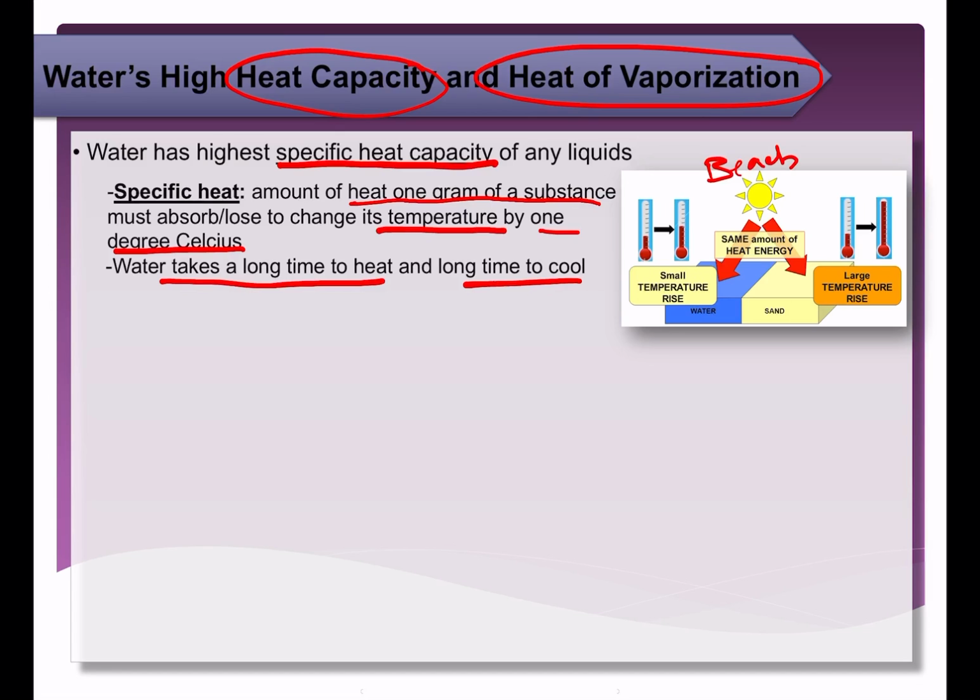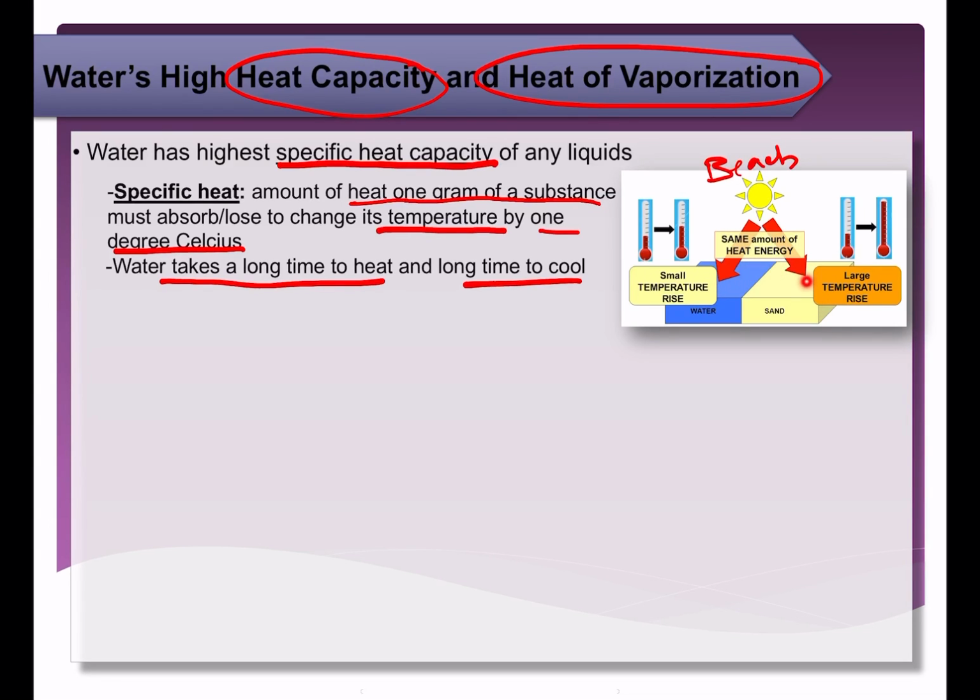Why is that the case? Both the sand and the water, technically speaking, are exposed to the same amount of heat energy coming from the sun. But yet, these two substances feel quite different in temperature. The sand feels a lot hotter than the water. Why is that the case? Well, that's not because the sun can choose to heat up the sand more than water.